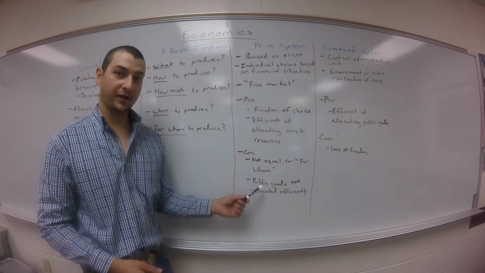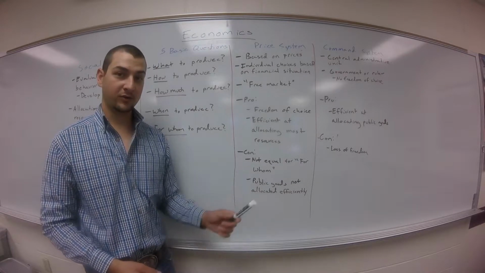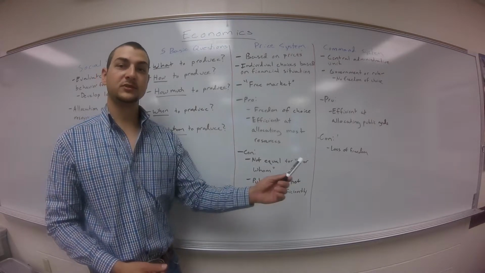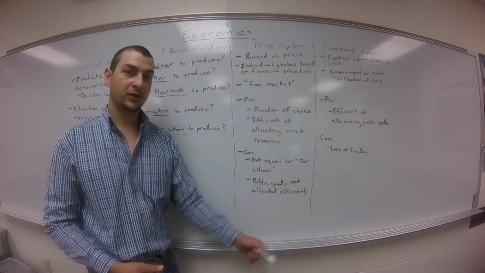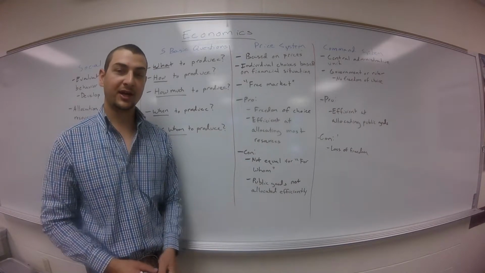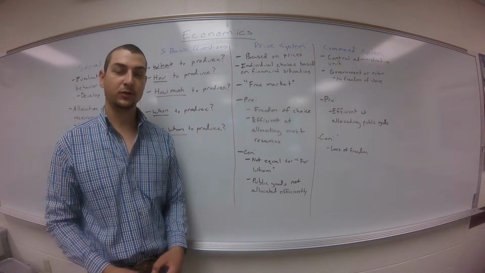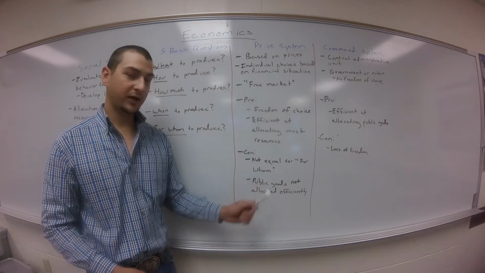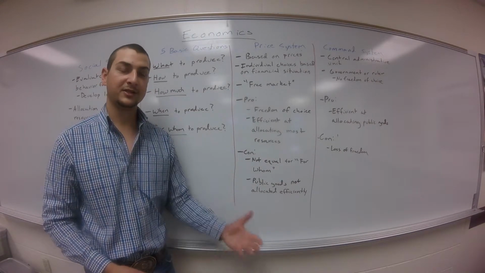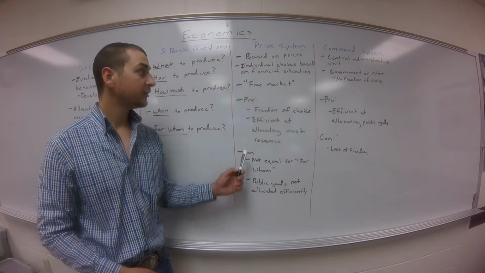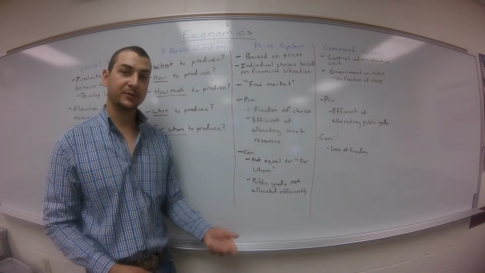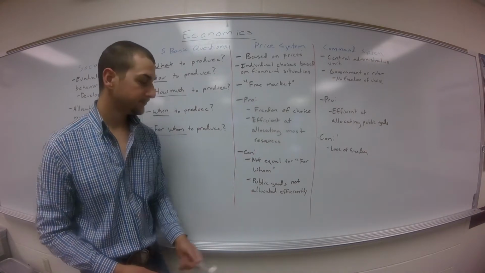Because the rich can go out and buy as much as they want, or get different items that help make them richer, whereas the poor cannot buy these high-end things that would allow them to move up in social status, so they wind up staying poor, and they actually get poorer.